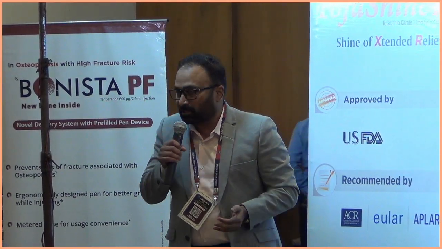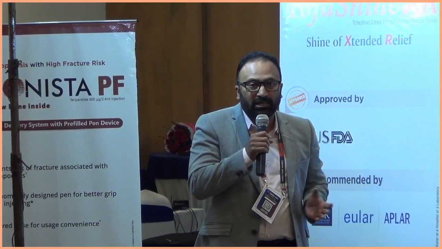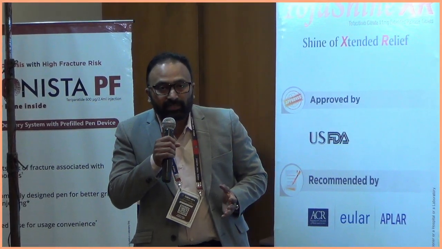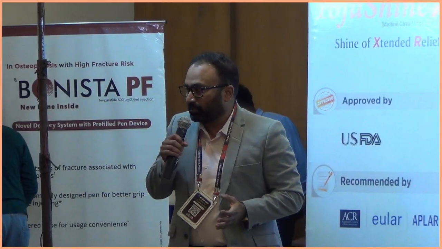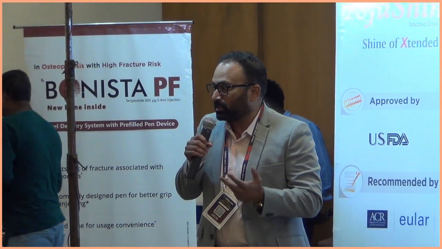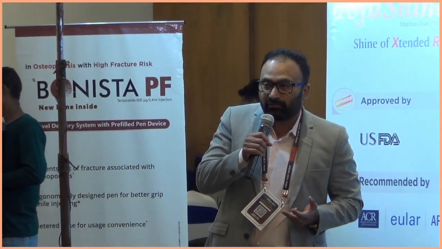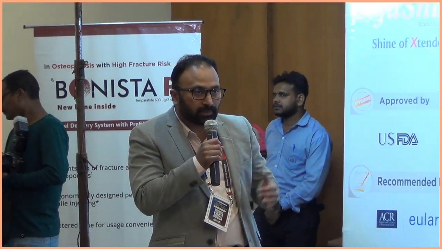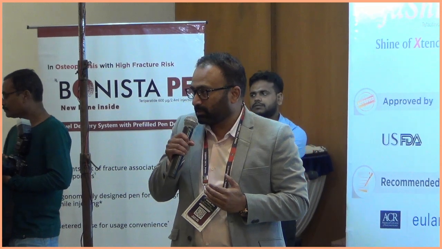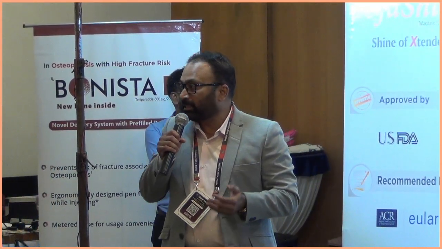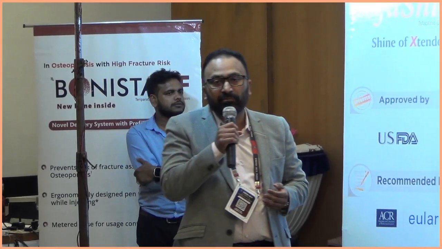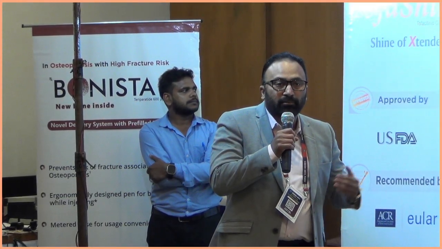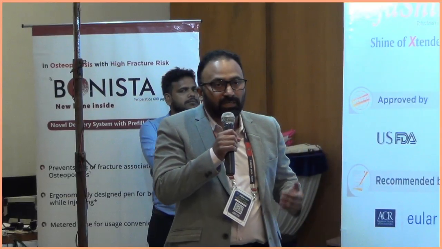Don't straight away start with tofacitinib, because in my last slide I mentioned the side effects. Whenever we treat any patient, we need two things: efficacy, and no toxicity. Along those lines, the toxicity, side effects and serious adverse events of tofacitinib are much higher compared to conventional synthetic drugs like methotrexate, sulfasalazine and leflunomide.